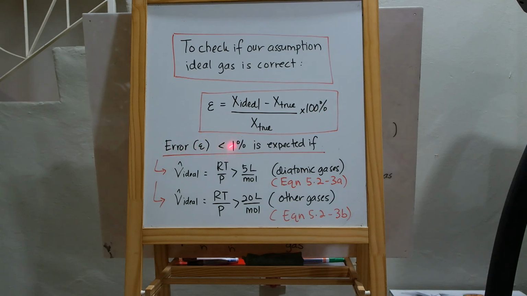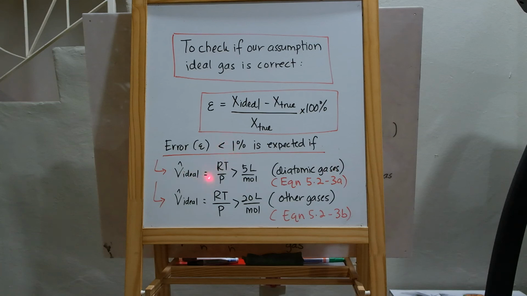If you get less than 1%, that means your assumption of ideal gas is correct. If your error is less than 1%, it satisfies the condition for V-hat ideal in the case of diatomic gases.